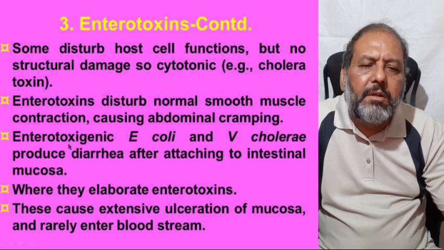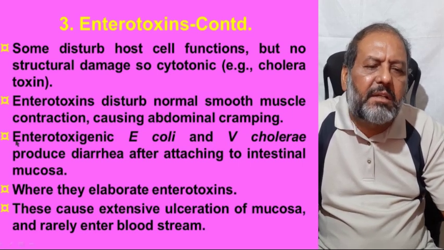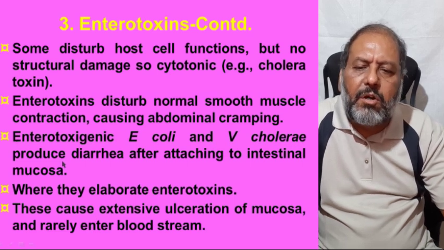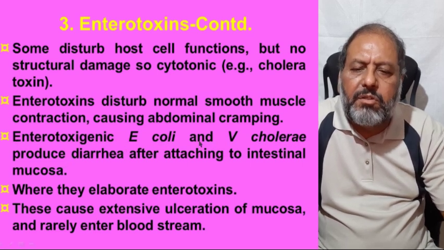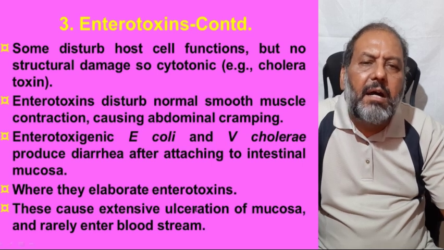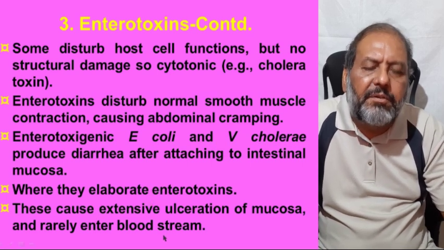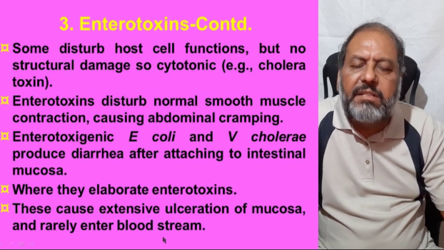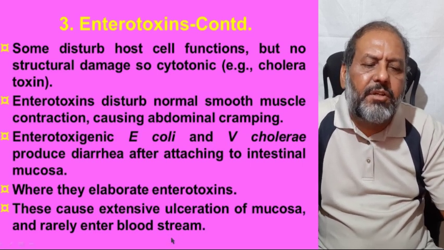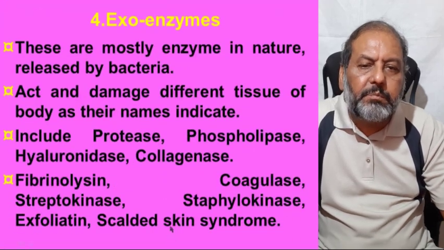Enterotoxins disturb normal smooth muscle contraction, causing abdominal cramping, and enterotoxigenic E. coli and Vibrio cholerae produce diarrhea after attaching to the intestinal mucosa, where they elaborate enterotoxin. These cause extensive ulceration of the mucosa and rarely enter the bloodstream.